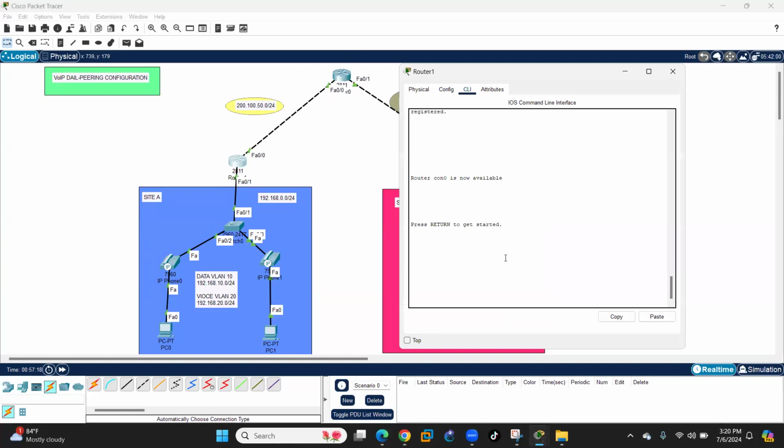Let me just use OSPF, because I've been using RIP. Router OSPF 20, router ID 1.1.1.1.